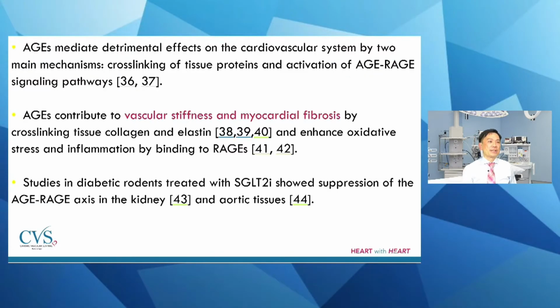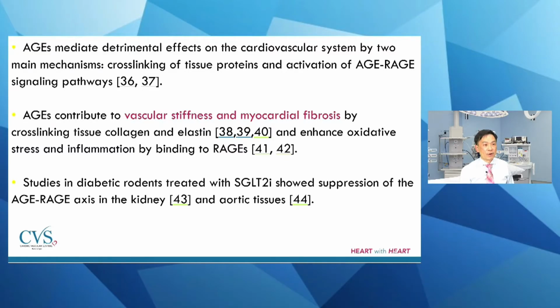So what happens? AGEs then mediate their detrimental effect by cross-linking tissues. I think this goes right back to medical school, and the bottom line is these agents are more in the setting of poor diabetes control, and they contribute to increased vascular stiffness and myocardial fibrosis, right?